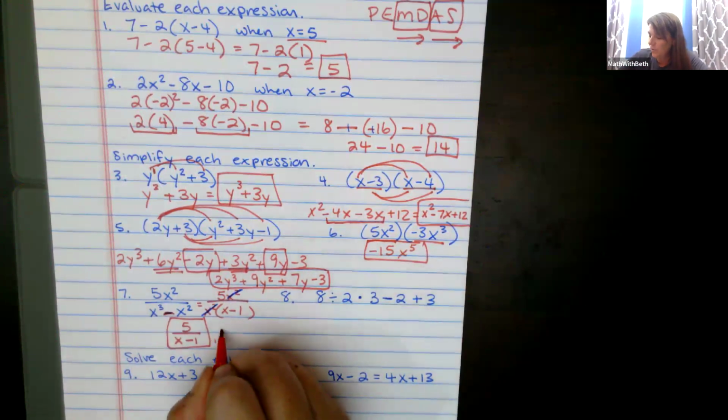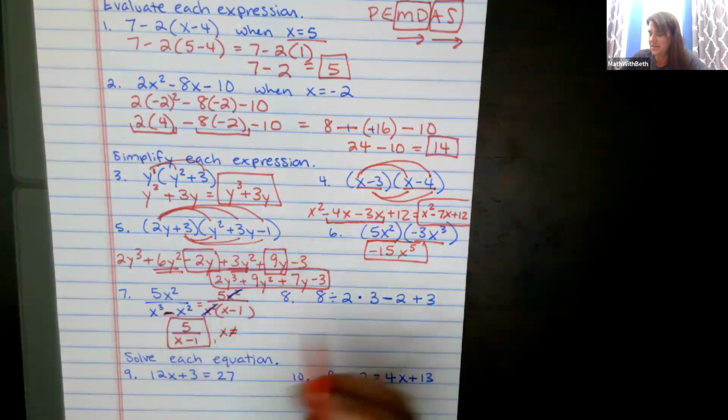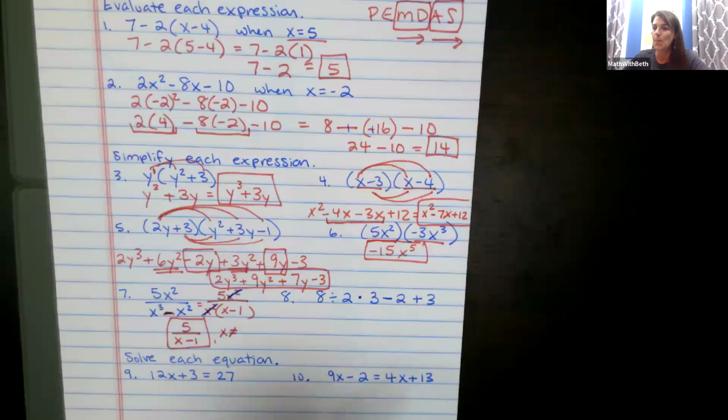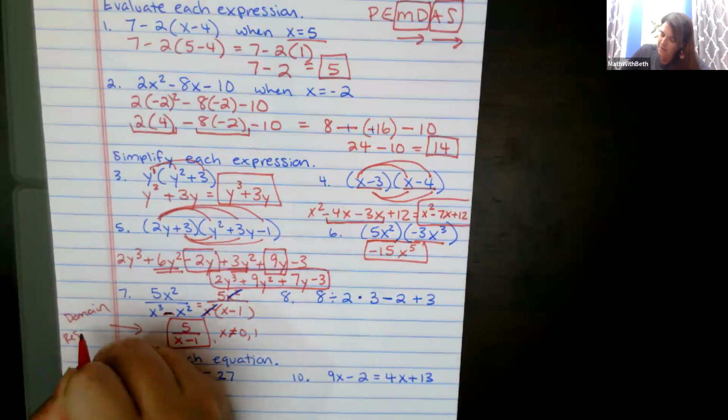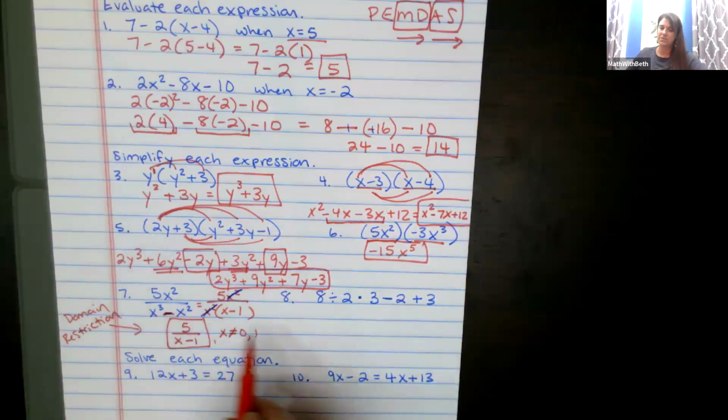So I'll probably do a whole other video on this, but just to kind of jog your memory a little bit, there are sometimes domain restrictions, which means x's we don't want. So in this problem, we wouldn't want x to be 0 or 1. So again, I'll probably do a whole video on domain restrictions if you need it, because I know that was fast.